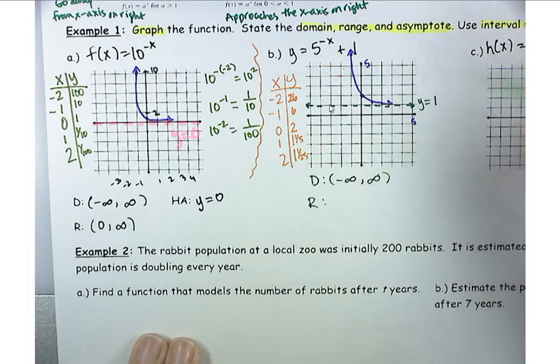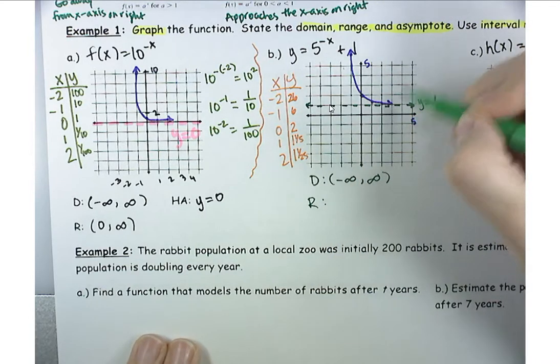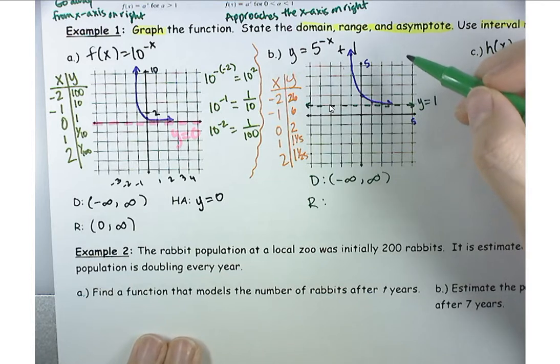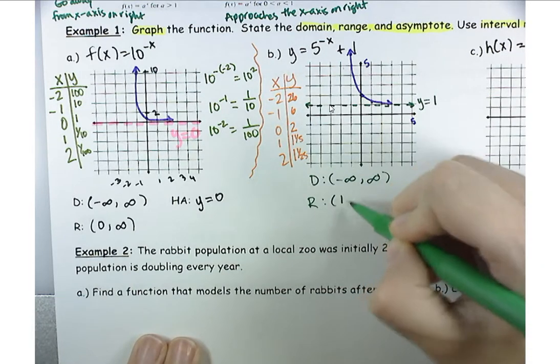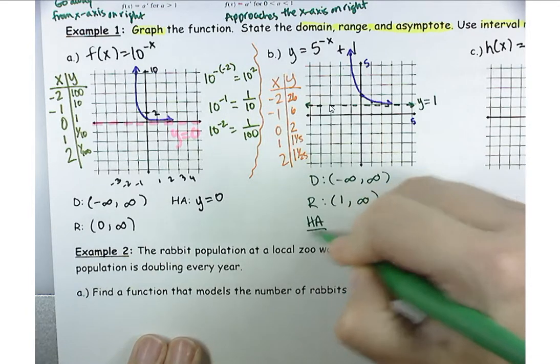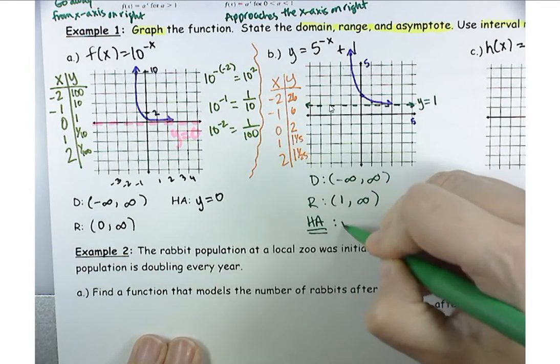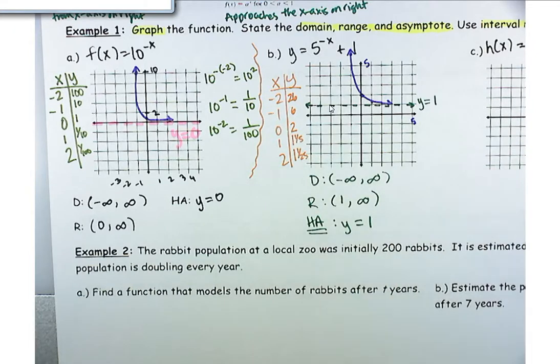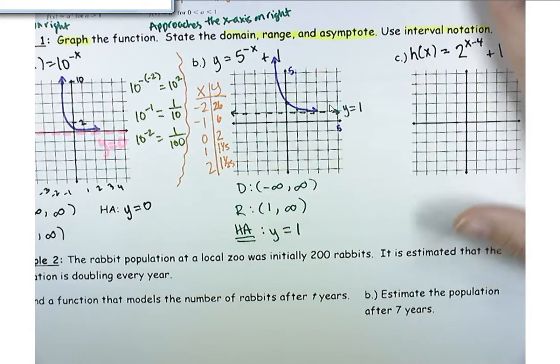Your range are all the points that are above what? 1. So this is going to be 1 to infinity. And then your horizontal asymptote is going to be y equals 1. Alright, and then we'll do the last one.